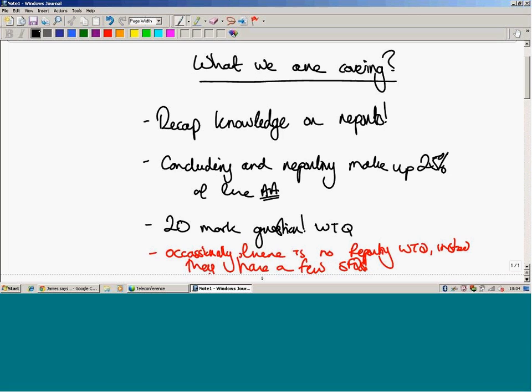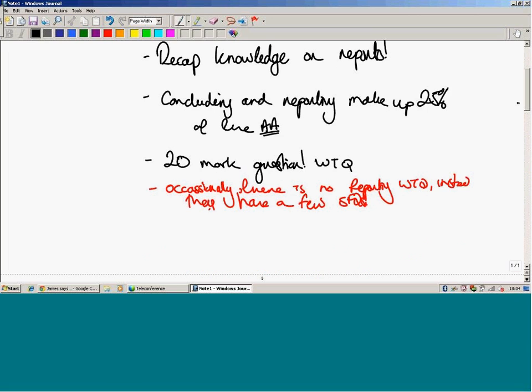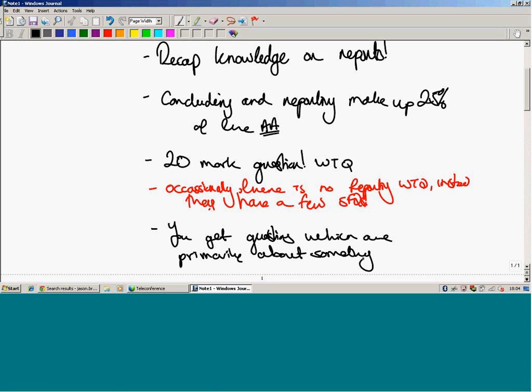Some exams fit the reporting aspects into questions that are primarily about something else. So sometimes you have some focus on the audit assurance report.